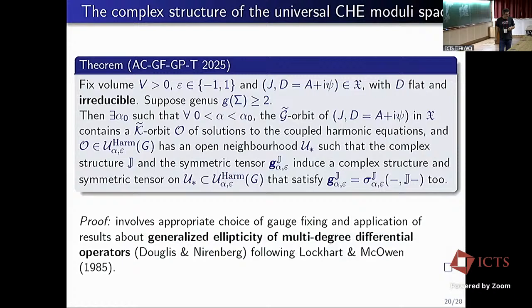Yeah, you're right. The title of the paper says it's local, but we had discussions with people who know about this, Olivier Biquard in particular, and this seems to work in general. I think there might be a more elementary argument.